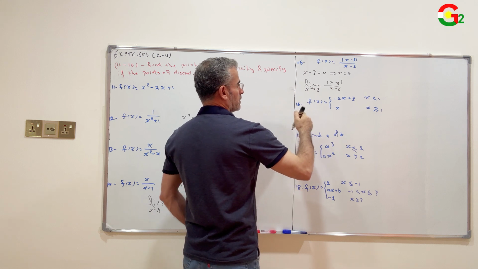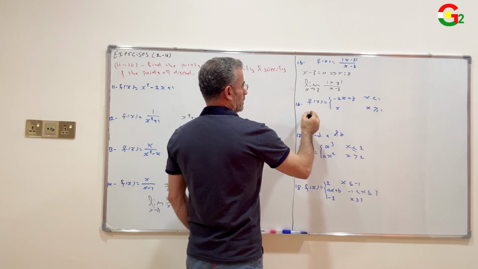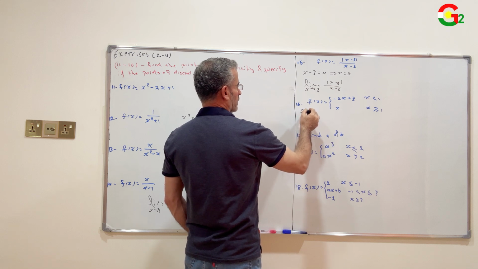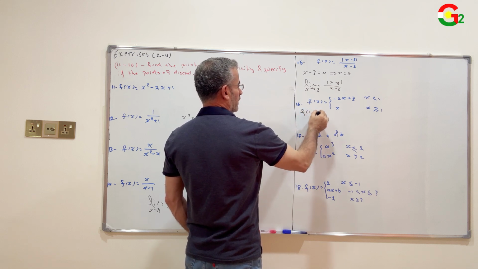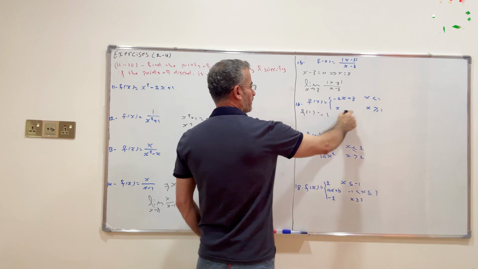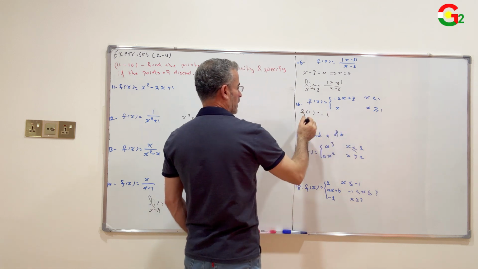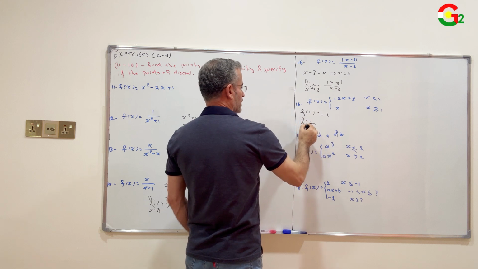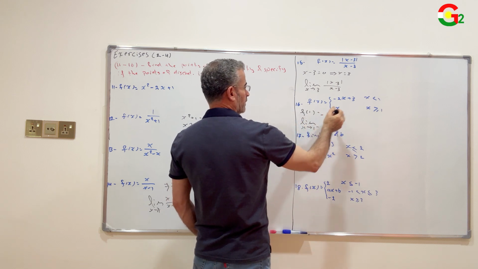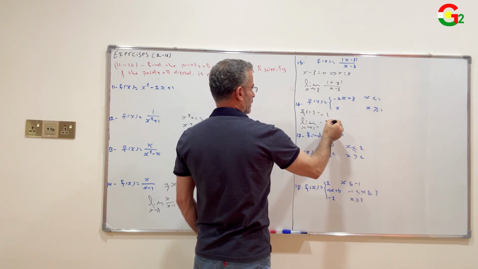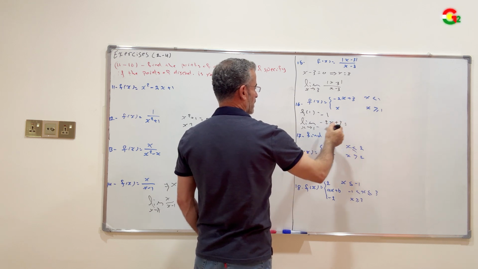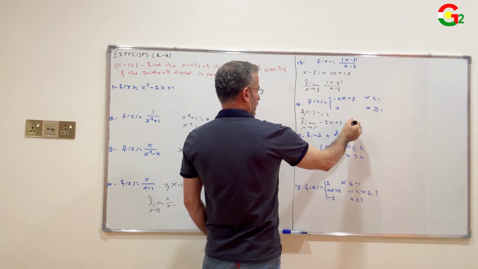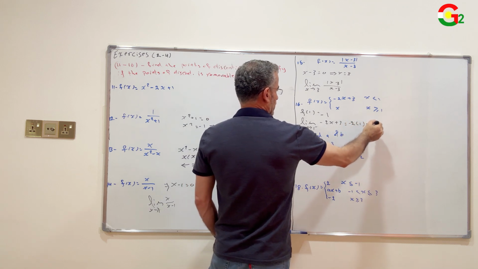this function, let us check the continuity of this function when x equals 1. f of 1 equals 1. This is the function, this segment. Limit x approaches 1 from left, I substitute here negative 2x plus 3 equals negative 2 times 1 plus 3 equals 1.